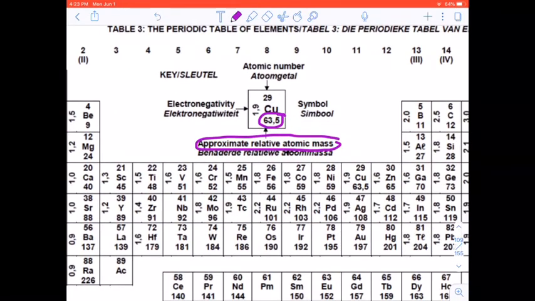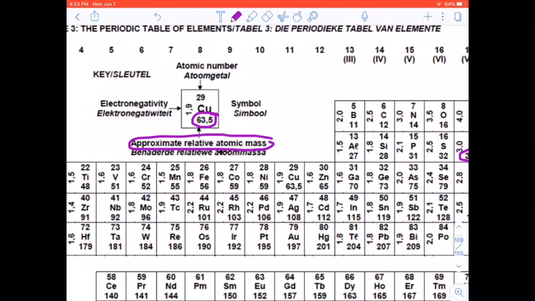And here, like I said, you've got the approximate relative atomic masses. Why relative? Relative because they're relative to the carbon-12 atom. All these masses are relative to the carbon-12 atom. Right? And when it's relative, there are no units, right? And that's important.